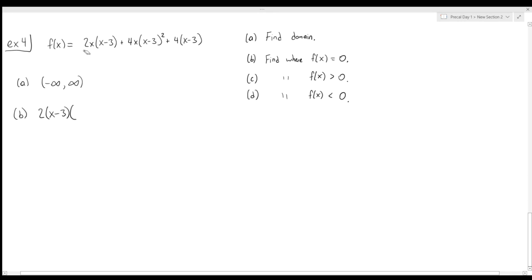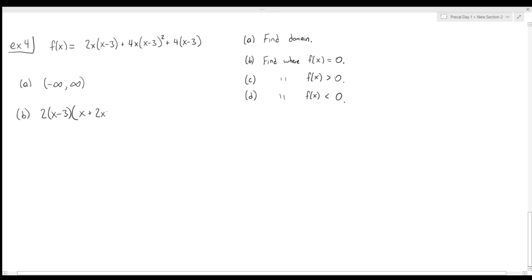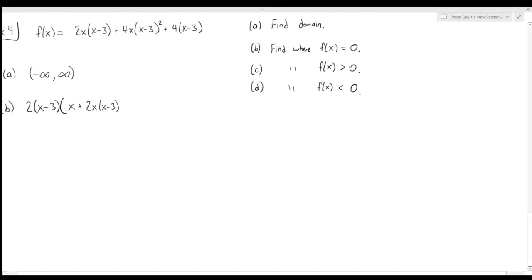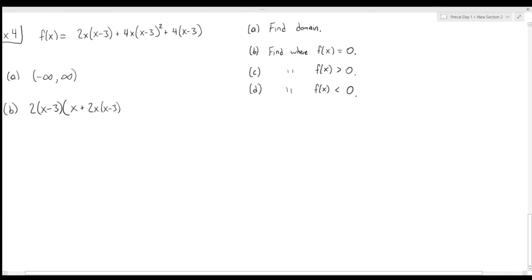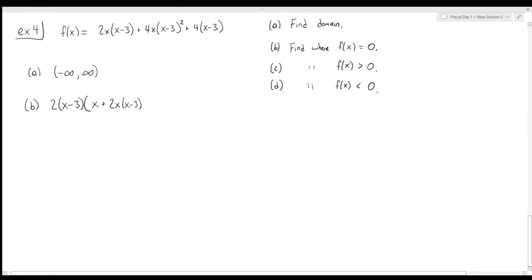So what do we have remaining? We factored out the 2 and the x minus 3, so we have an x remaining in the first term. So we'll have a 2x, and we'll have 1 x minus 3 remaining in the second term. And then this last term, we'll have a 2 remaining.